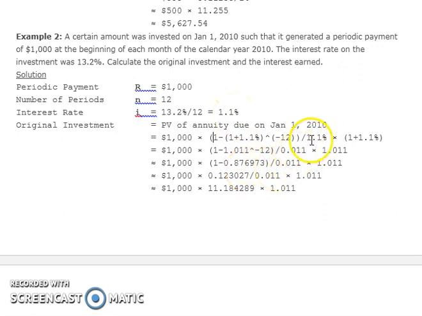Now we multiply by 1 plus I, where I equals 1.1%. We get the factor, which is 11.18, and we multiply it by 1.011.